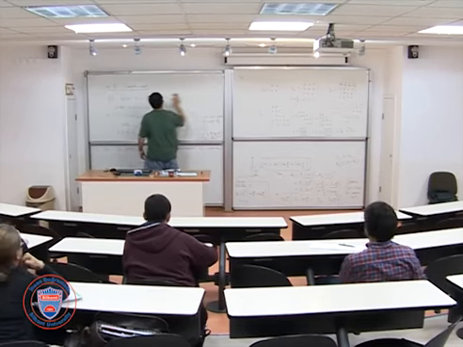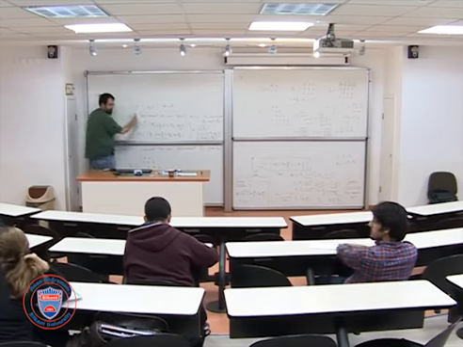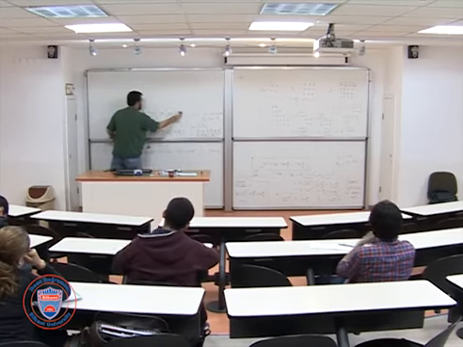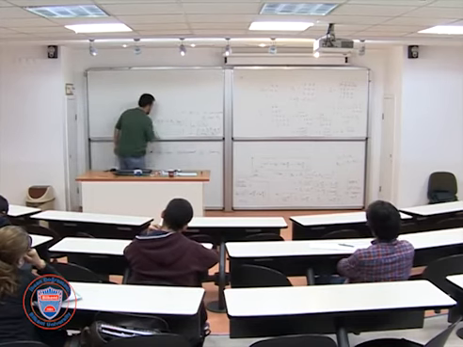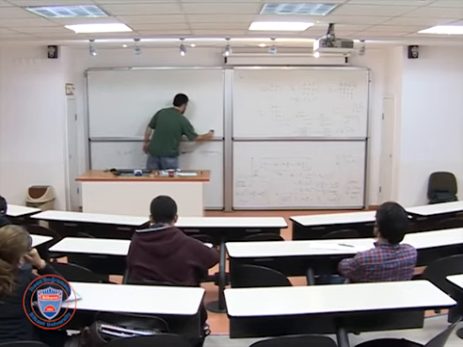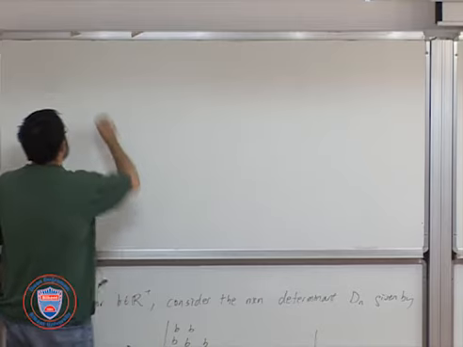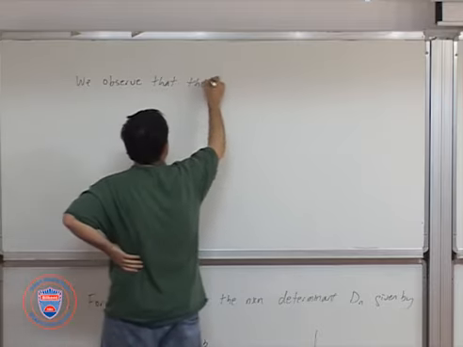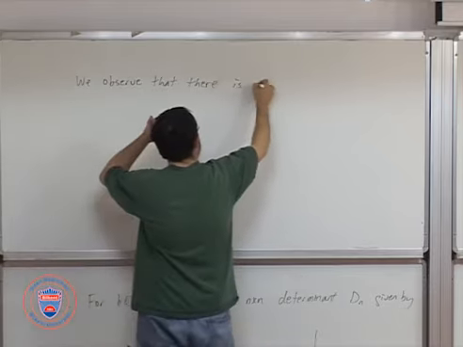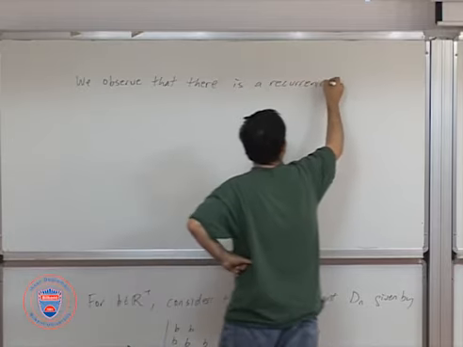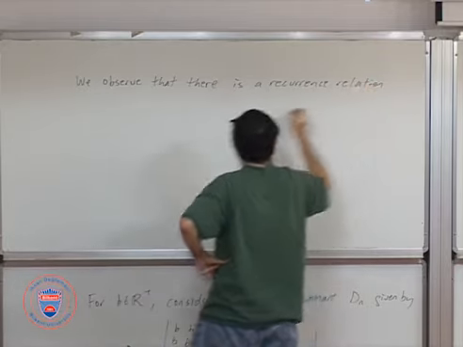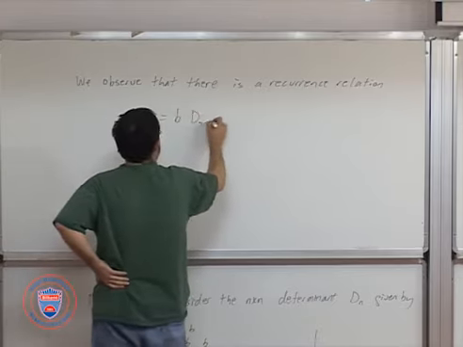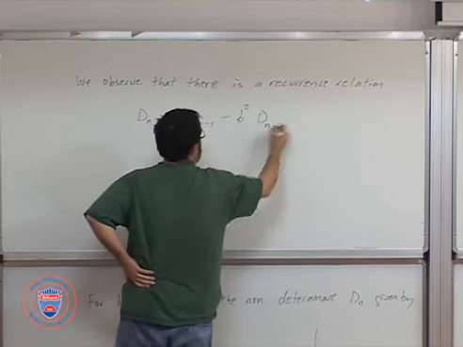So here what we observe is that there is a recurrence: dn is equal to b dn minus 1 minus b squared dn minus 2.